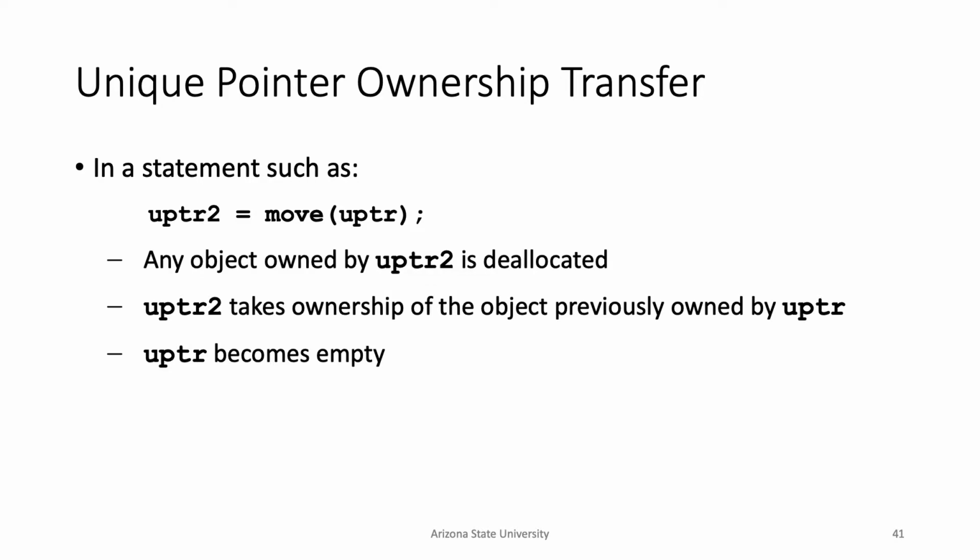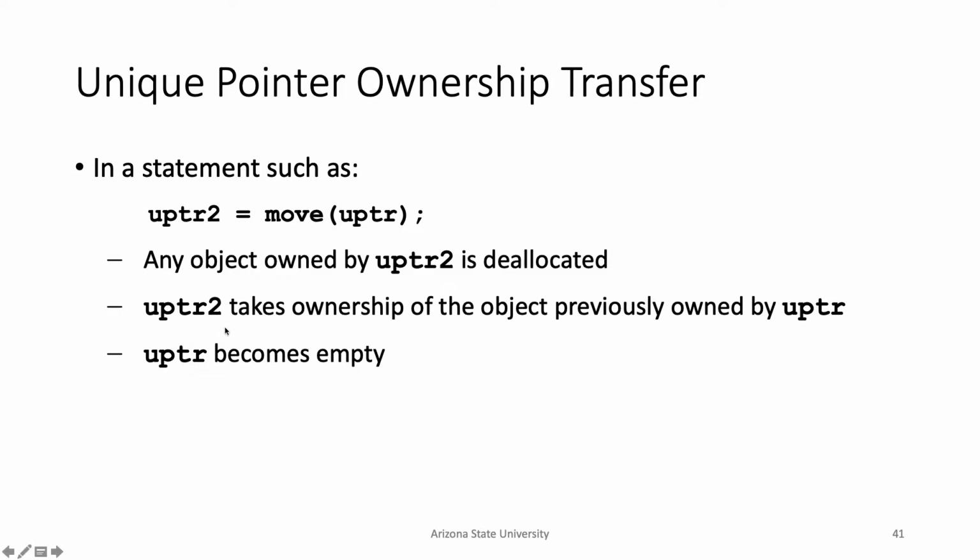So uputter after this will be effectively useless. It has nothing that it's pointing to anymore. Whereas uputter2 will get the contents of whatever uputter had before. So uputter2, before this statement, will now point to the different object. If it was pointing to something else, now it's definitely pointing to this because a unique pointer can only point to one thing.